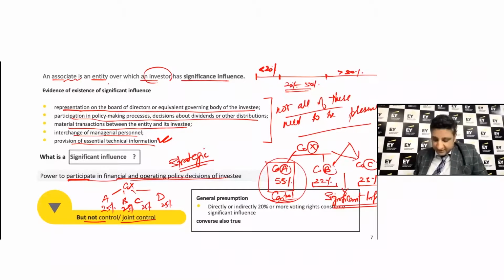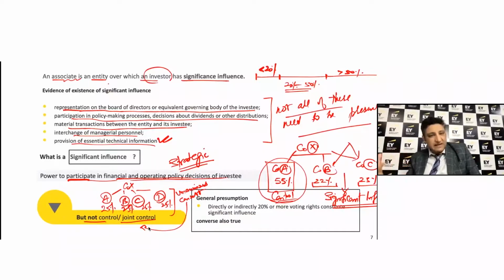Probably. But if all these people have to give a unanimous consent to eventually take a decision, we don't use the term significant influence. We use the reference of unanimous consent and call it a joint control. Again, I wouldn't want you to worry too much about the term joint control. That is something we want to discuss under Ind AS 111.